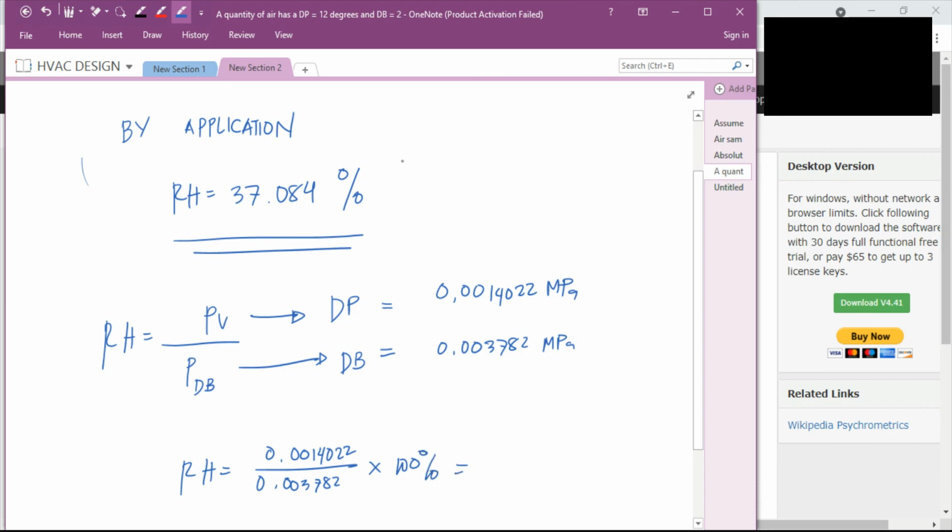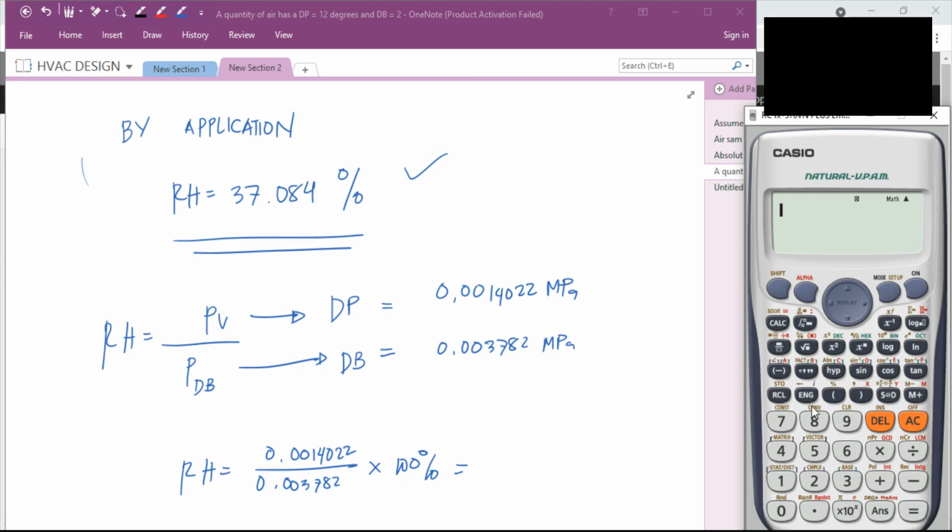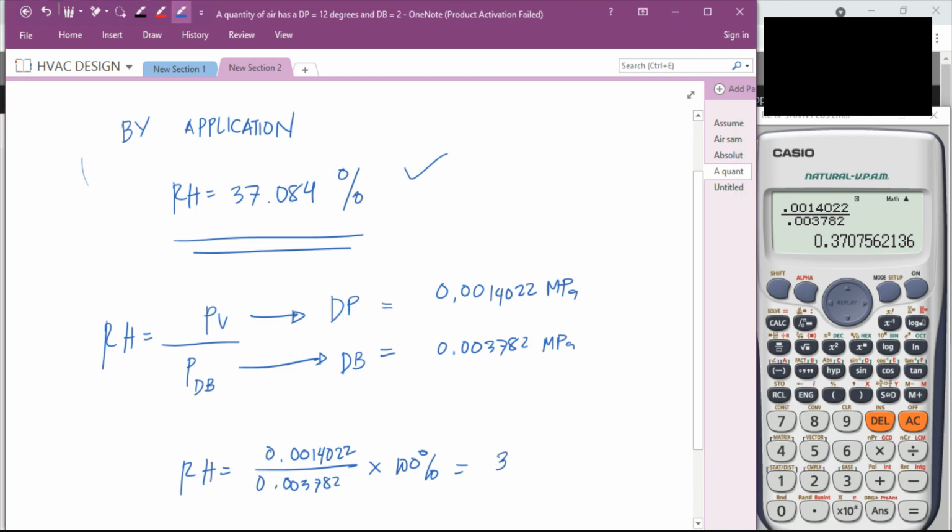Tingnan natin kung mag-equal siya dito. Yan. So, the value is 0.001402 divided by 0.003782. Now, the value will be, ayun, 37.075. So, almost accurate. 37.08. Okay. The same lang. So, the application is correct.